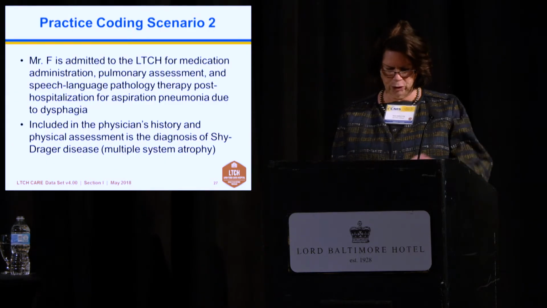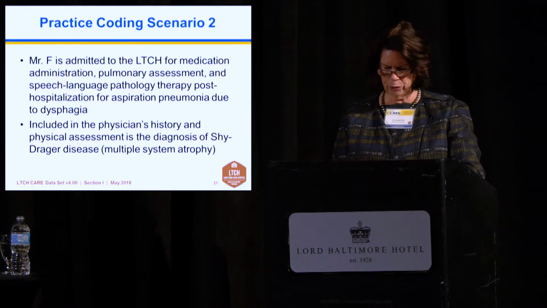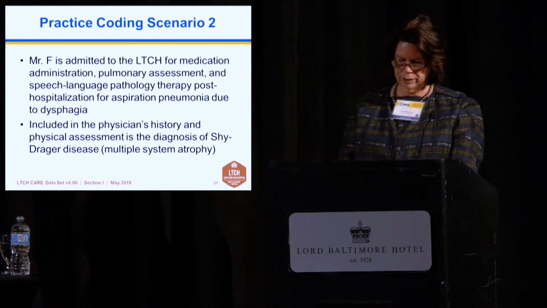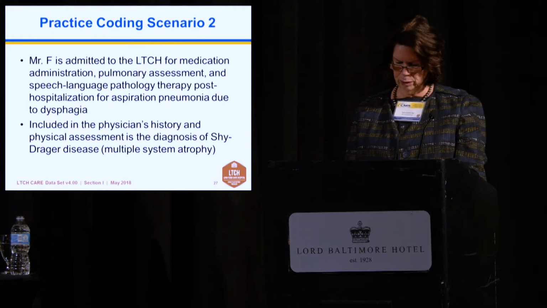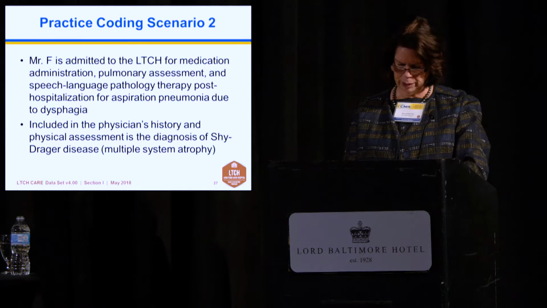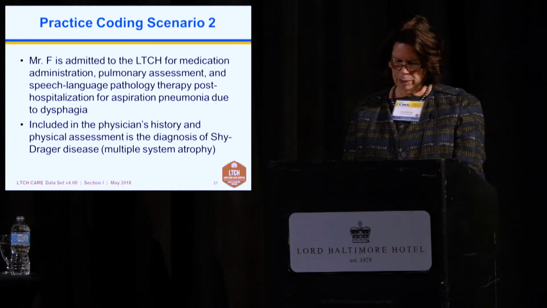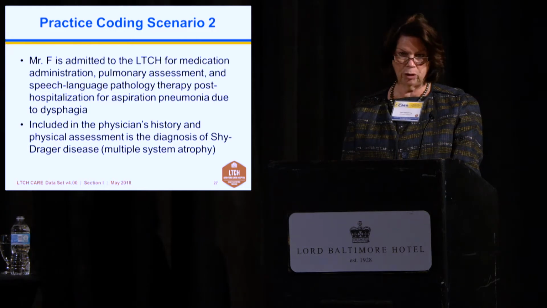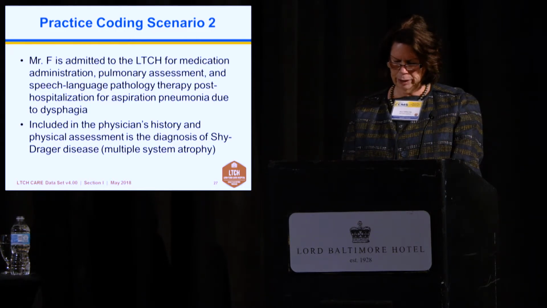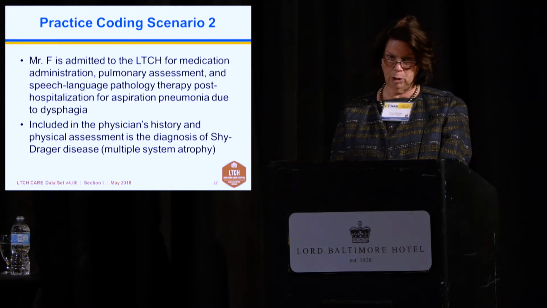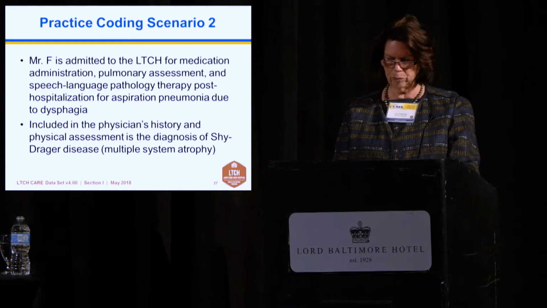Okay, now we'll go on to coding scenarios. Mr. F is admitted to the LTCH for medication administration, pulmonary assessment, and speech language pathology therapy post-hospitalization for aspiration pneumonia due to dysphagia. Included in the patient's history and physical assessment is the diagnosis of Shy-Drager disease, which means multiple system atrophy.